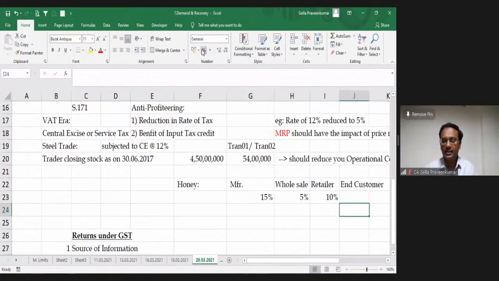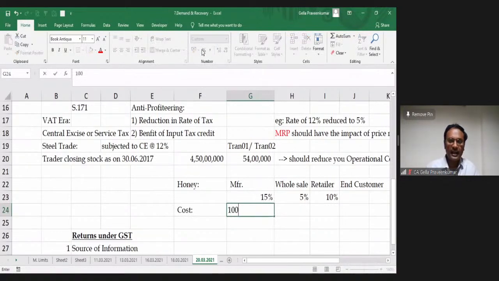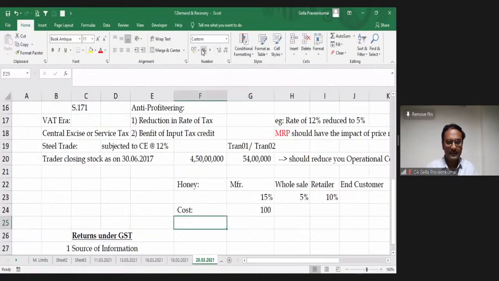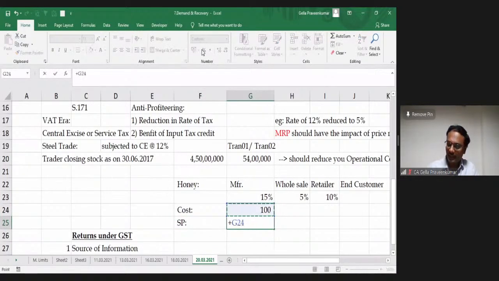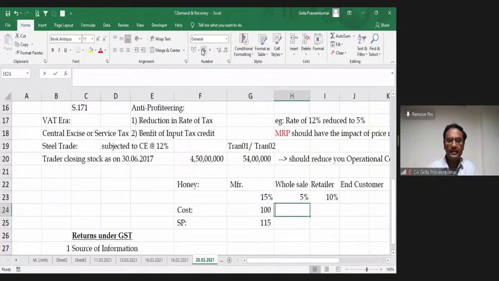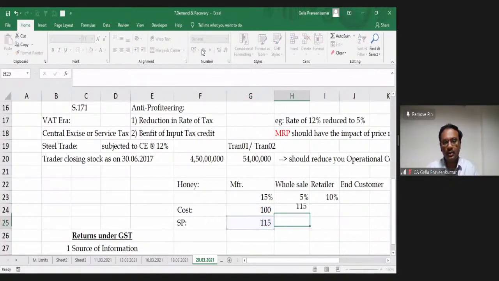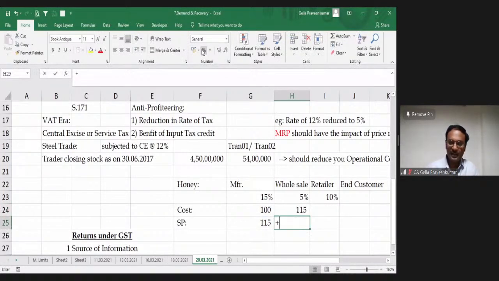Now, assuming the cost is 100 rupees, the manufacturer wants to keep a margin, so I will say into 1.15. This is going to become the cost to the wholesaler. The wholesaler wants a profit of 5%, so the selling price would be this into 1.05.